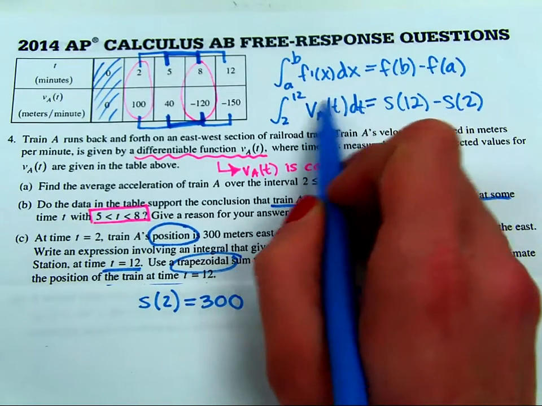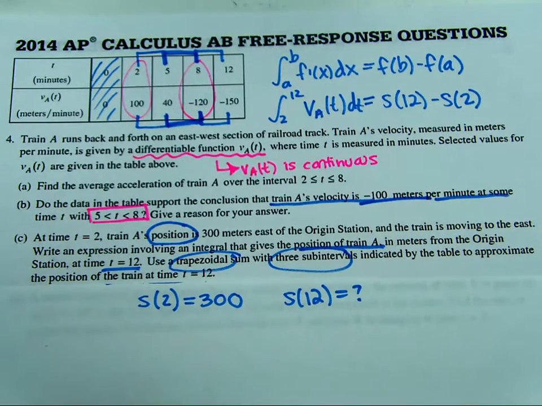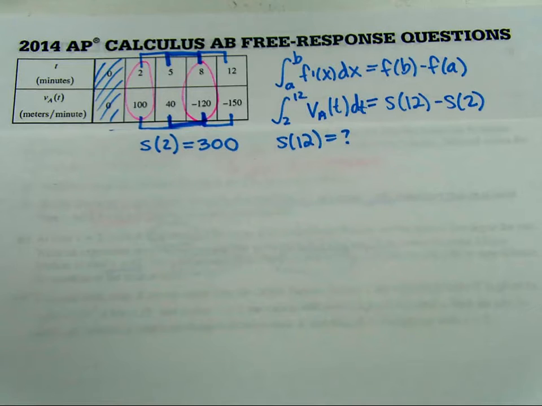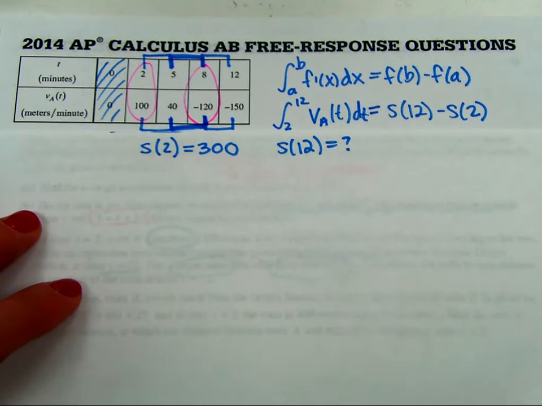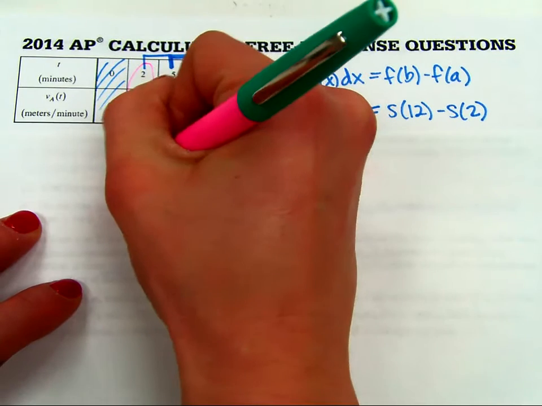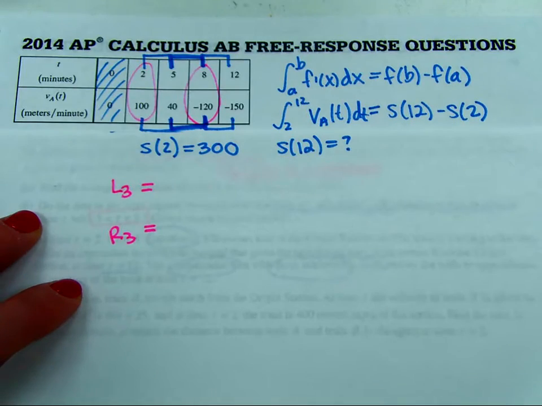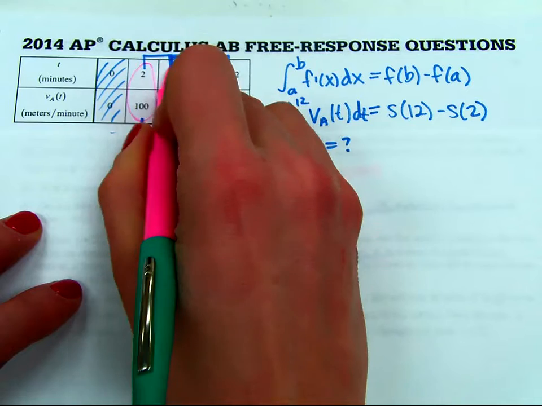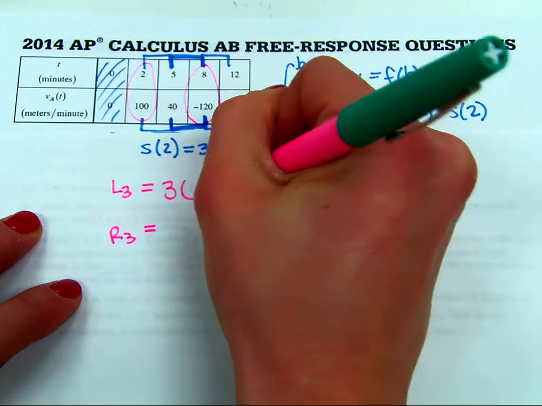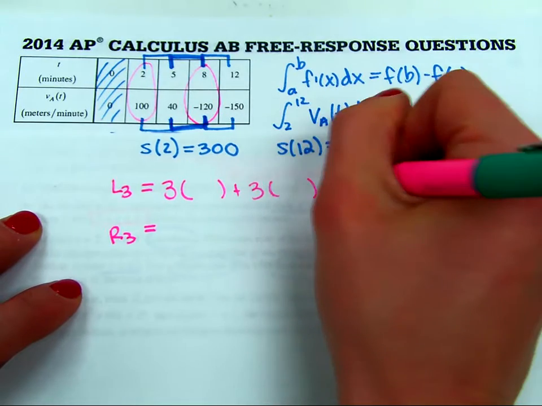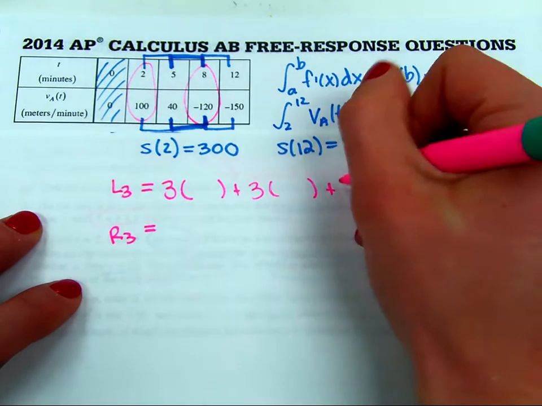So I might start working on that right now. I might just move this up. This is some stuff we know right now. But just a side note, we need to do the left Riemann sum and the right Riemann sum here. If we start setting it up, the first box is 3 units wide. The next box from 5 to 8 is 3 units wide. And the last box from 8 to 12 is 4 units wide.